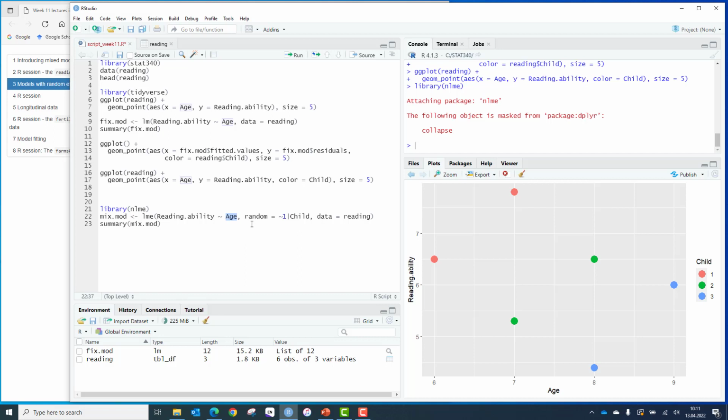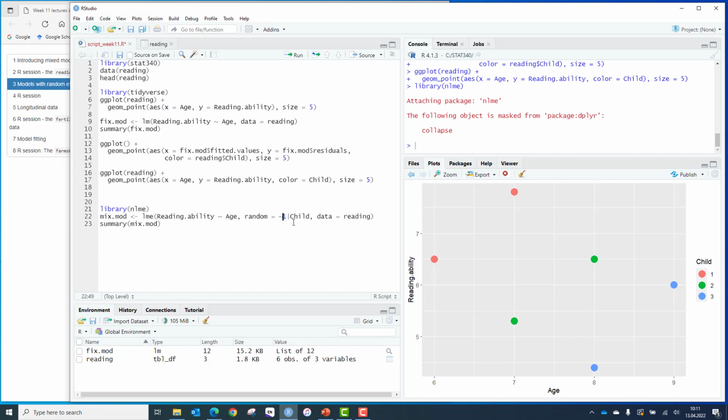And then there is something which is different from lm, because here we specify the random effects. You use the word random equals, and then you can see there is again this formula, as we call it, with this tilde operator. And this is a little bit special notation. So what do we mean here? Well, when we say tilde 1, it means the random effect should affect the intercept.